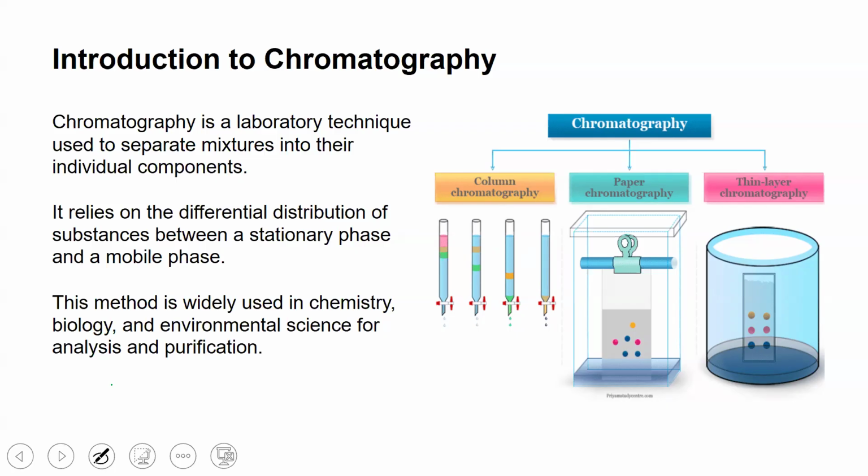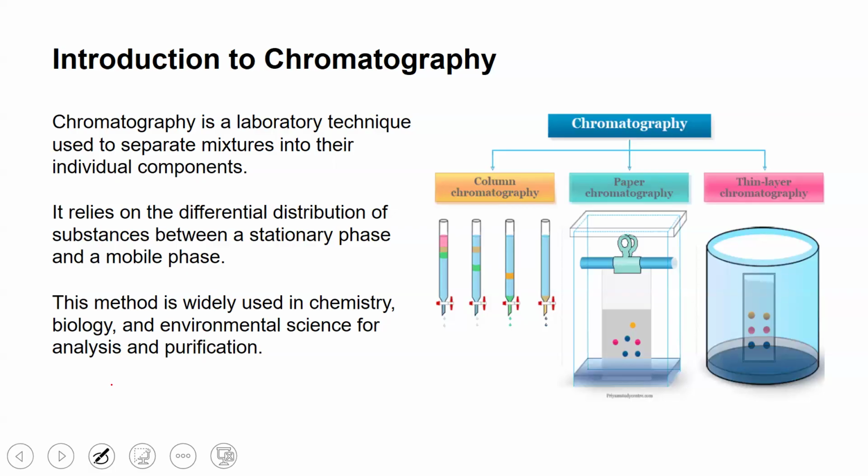Let's say you have a solution containing a mixture of enzymes: hexokinase, proteinase K, glucose 6-phosphate, glucose 6-phosphate dehydrogenase, and isocitrate dehydrogenase. You can use chromatography to separate the mixture of those enzymes into their individual components.